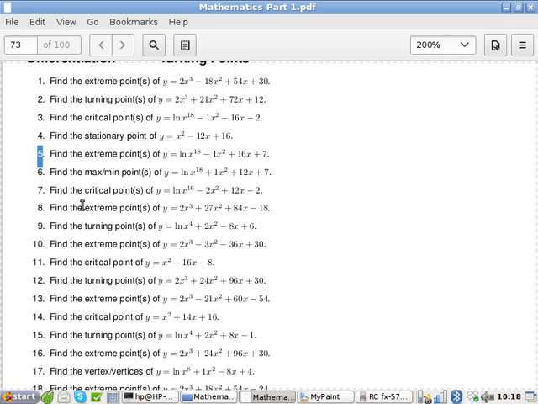We have turning point, maximum minimum point, stationary point, extreme point, critical point sometimes. What else? Vertex. Did I forget any? I think that's most of them. So if you were in the exam and it said find the blank point and you didn't know what the blank point was, it's probably a turning point. There are lots of synonyms here.